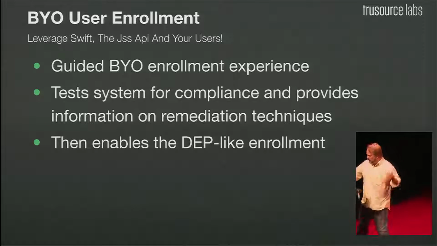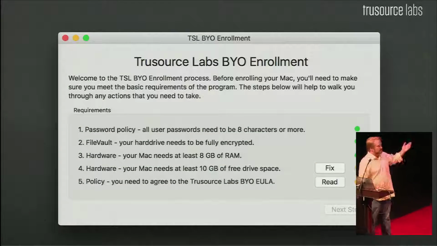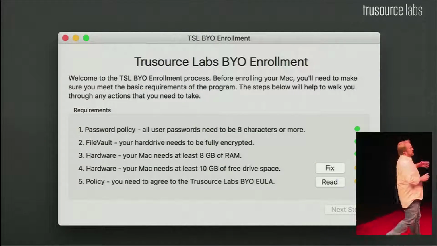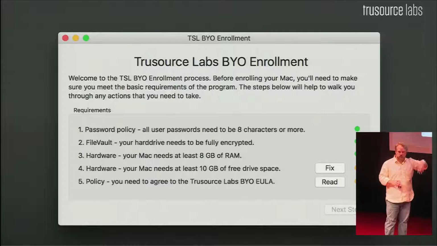And so that's why we're going to take what we already have with that little enroller app, and this is another place where I really like Swift, is you could have a set of criteria that need to get met before they can even enroll in the first place.